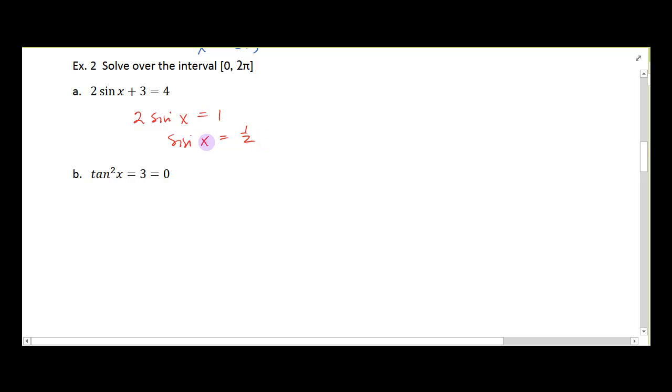So what quadrant am I looking at for possible solutions here? Well, sine is positive in quadrants 1 and 2, so when I take the sine of pi over 6, I get a positive 1/2. And again, over in quadrant 2, that would be at 5 pi over 6. So there's the solution. Just this time, I am on the interval between 0 and 2 pi. So pay attention to how you're supposed to give the solutions when you're working these.